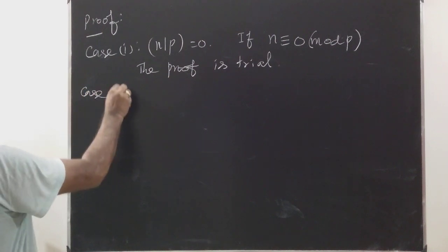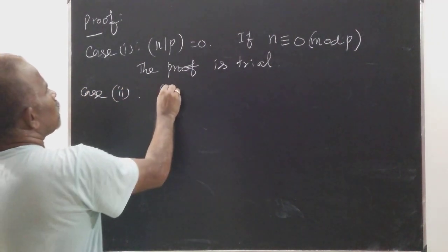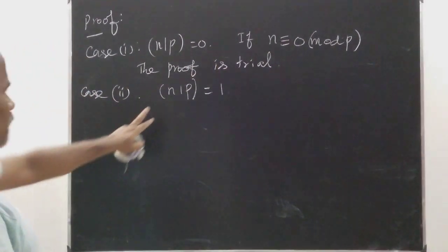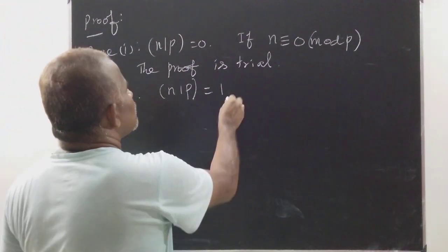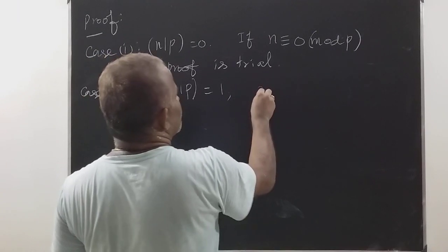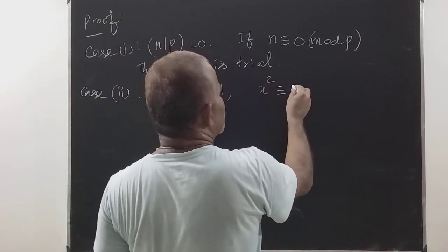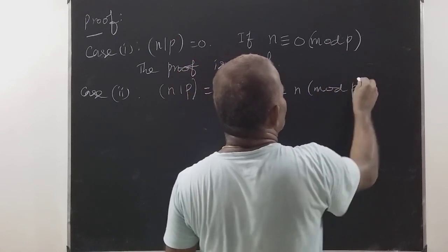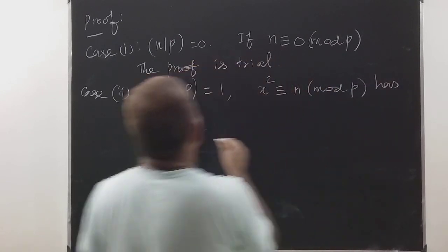Case 2: (n/p) is equal to 1. That means what? The equation x^2 is congruent to n mod p has a solution.